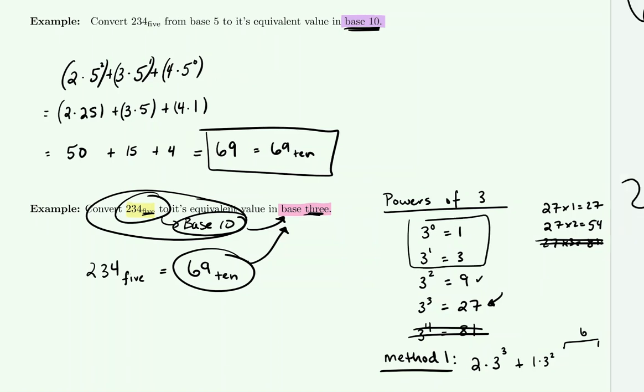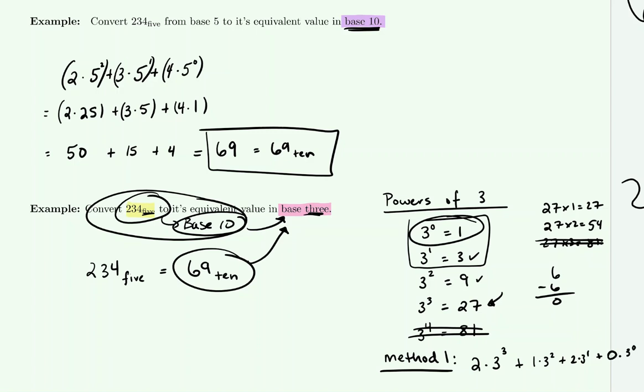Okay. So for this 6, we next are looking at groups of 3. We know we could form exactly 2 groups of 3 to account for 6 perfectly, and that would leave us with 0. So there's 0 things to account for, but you do have to go through all of the bases. So our last base to account for is 3 to the 0, and since we have everything accounted for, we want 0 of that.